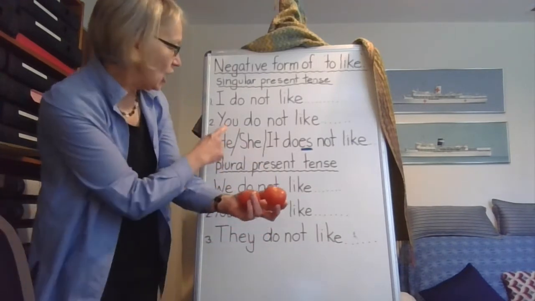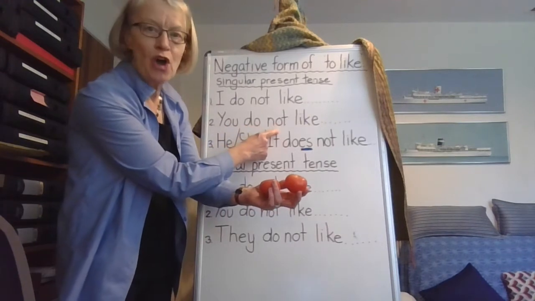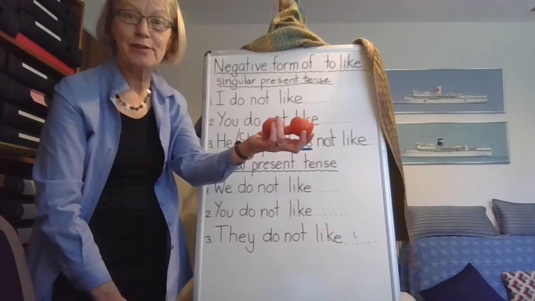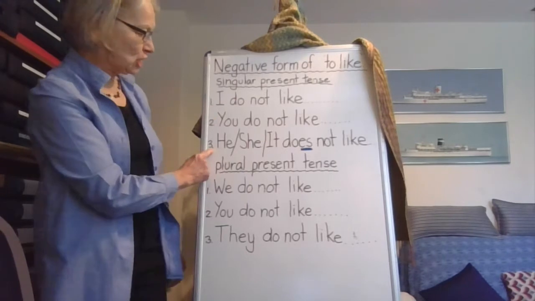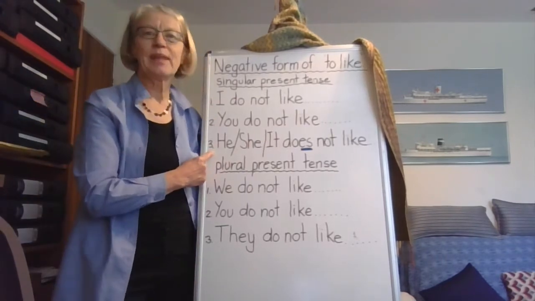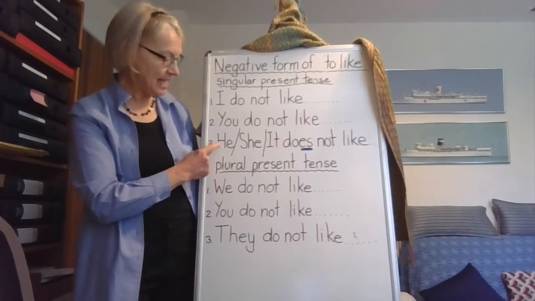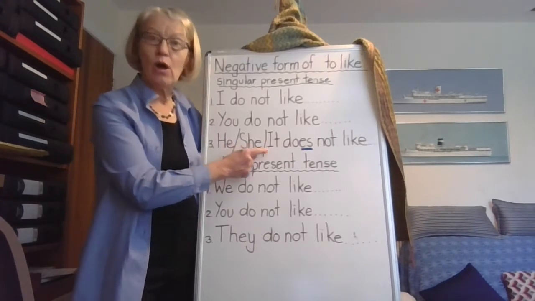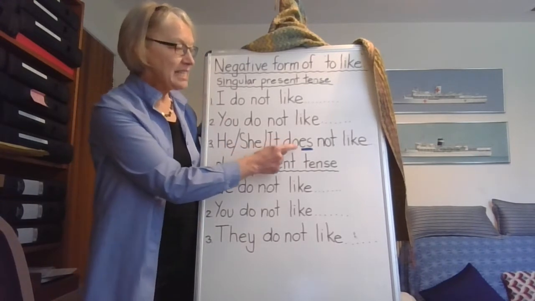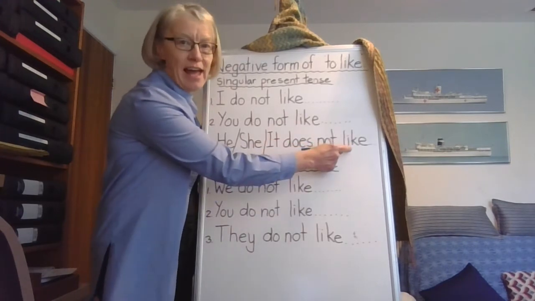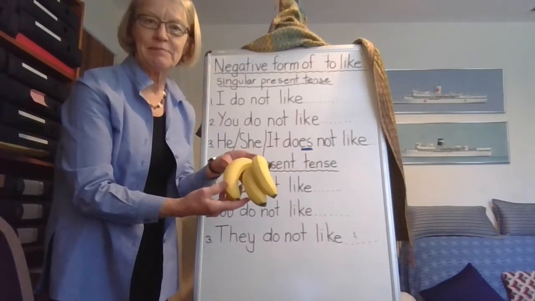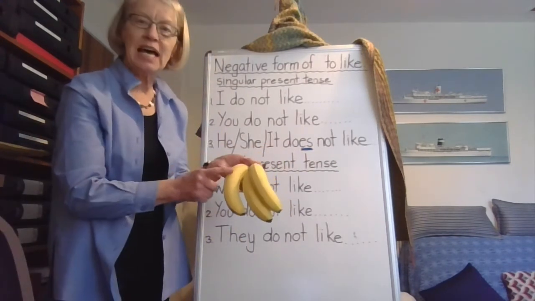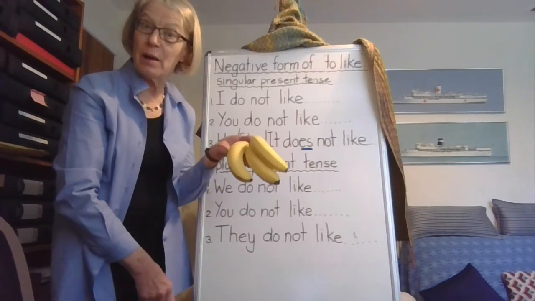So we can say, you do not like tomatoes. And the third person singular in the present tense is he or she or it does not like. Now we're going to pretend you don't like these, or they don't like these. So he does not like bananas.